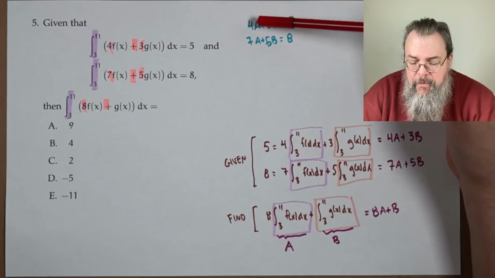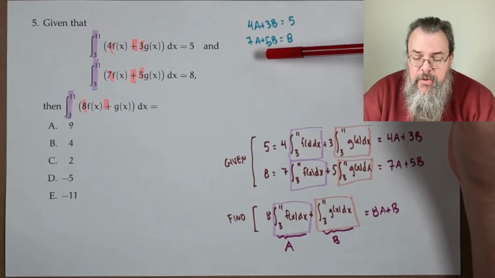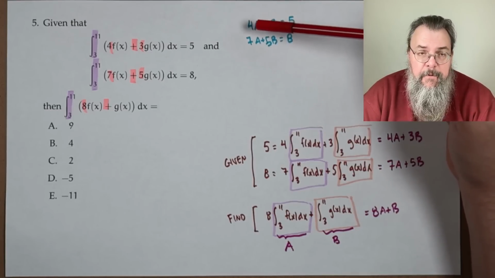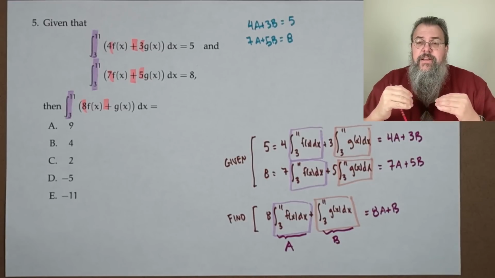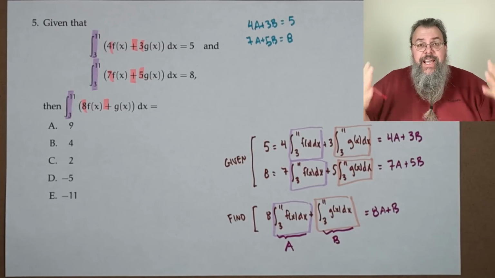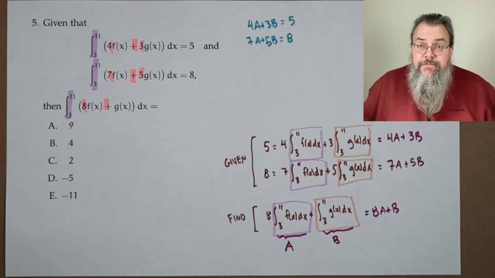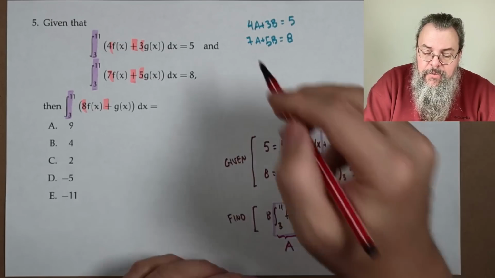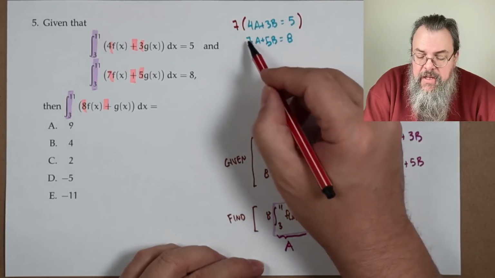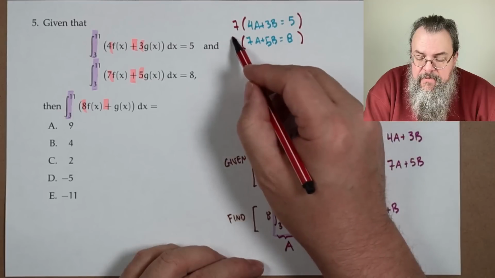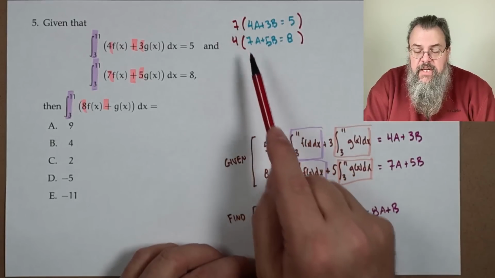So I want to combine these two equations in such a way that the A terms go away. Currently I have a 4A and a 7A. 4 and 7 aren't great at mixing. But we can scale it up. What do 4 and 7 both go into? 28. So if we take the first equation and multiply it by 7, and the second equation and multiply it by 4, notice that you get 28A and 28A.